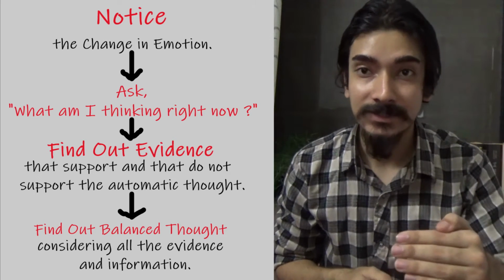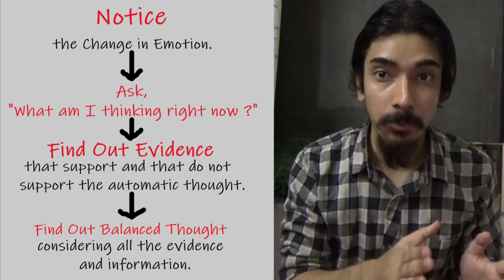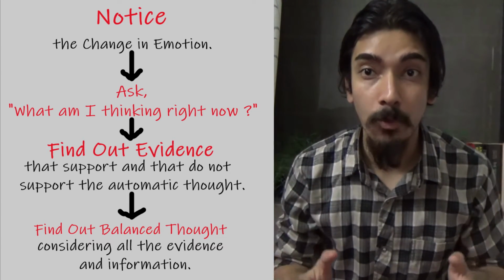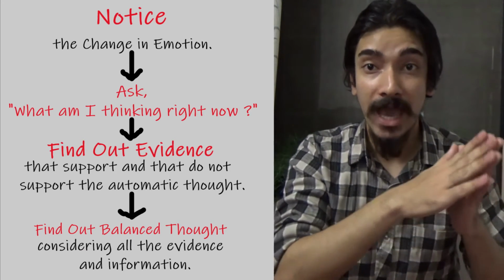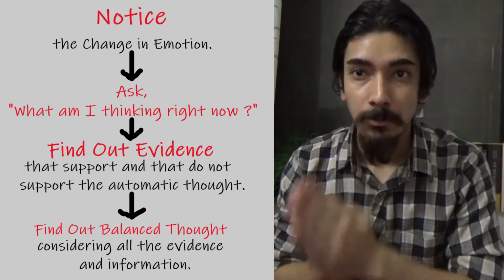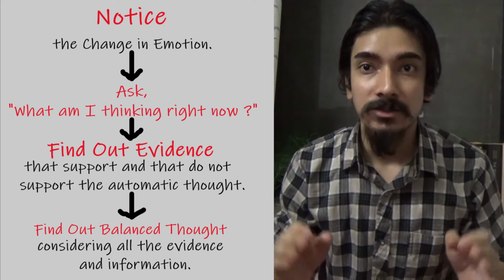After finding out these evidences, now find out the evidence that doesn't support this distressing thought. And finally find a more balanced or neutral thought, looking at both the evidences that support and that don't support this distressing or automatic thought.